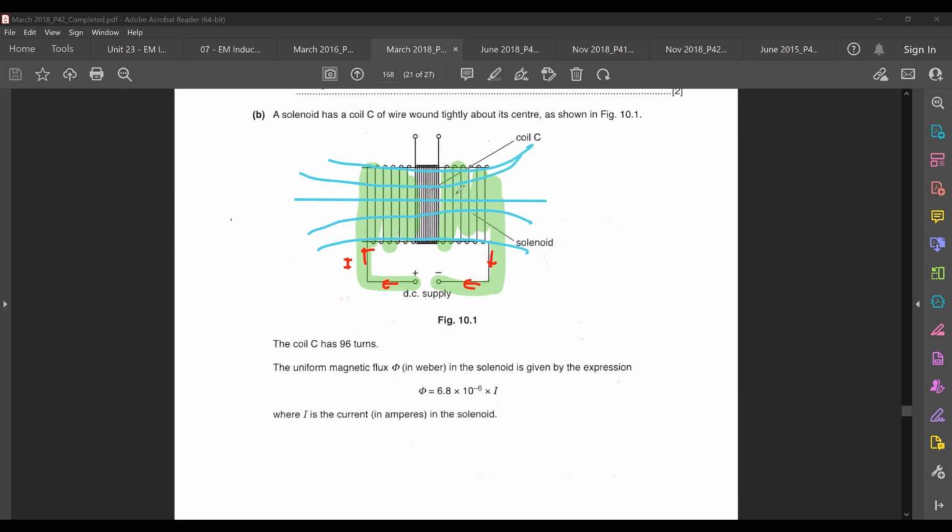This is the magnetic flux produced by your solenoid, which also happens to be the same magnetic flux that passes through your coil C. So in your case, this is the current direction, and your magnetic flux is going to have a direction in this direction here.